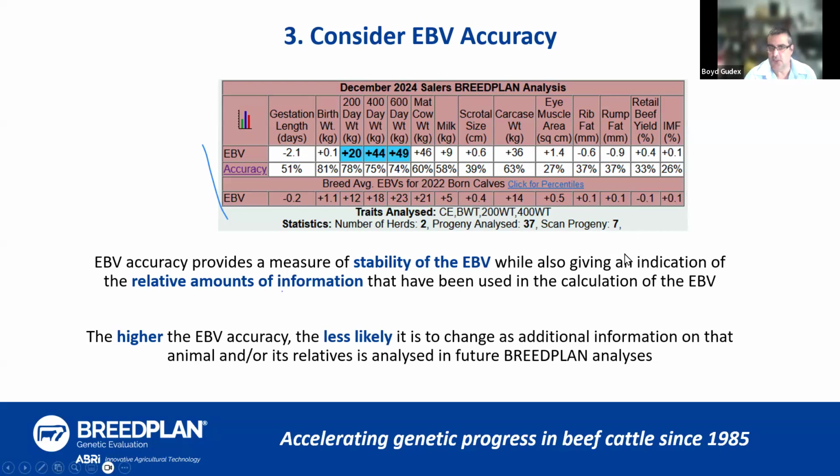We can certainly see the relative effect here of how much data is behind it. He's got 37 progeny in total analysed, but only 7 of which have been scanned. So there's not a lot of progeny data behind the carcass EBVs at this stage for this animal.